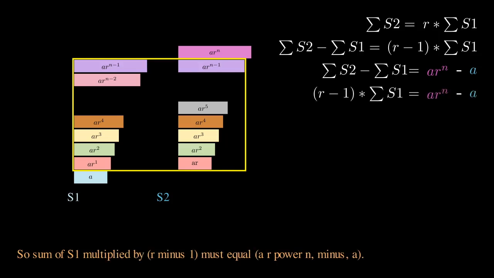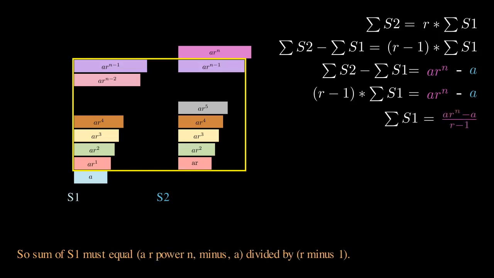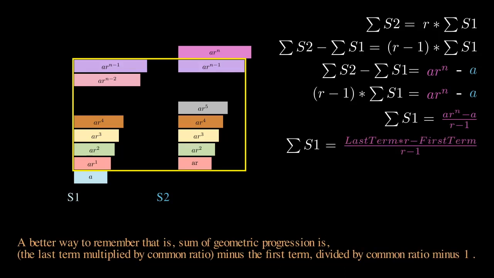So the sum of S1 multiplied by r minus 1 must equal ar to the power n minus a. So the sum of S1 must equal ar to the power n minus a, divided by r minus 1. A better way to remember that is: the sum of a geometric progression is the last term multiplied by the common ratio, minus the first term, divided by the common ratio minus 1.